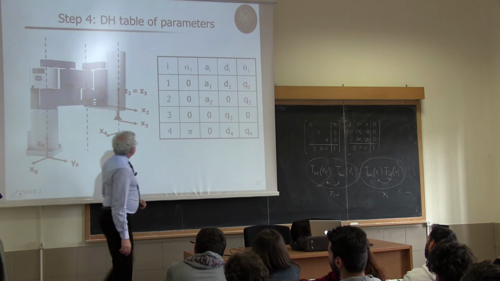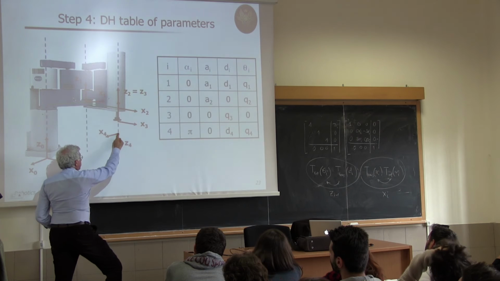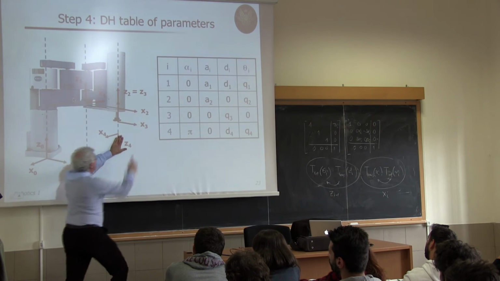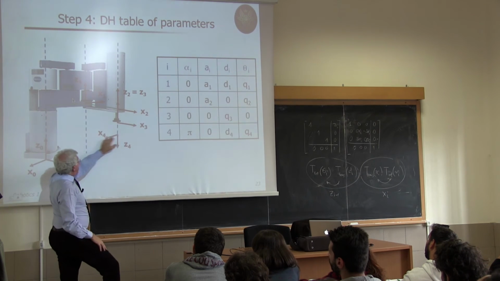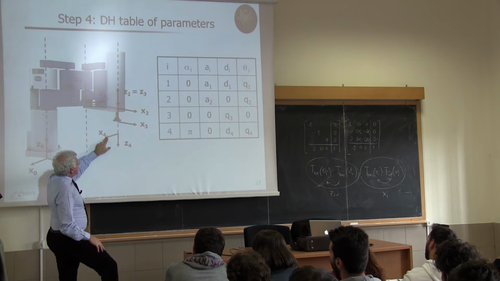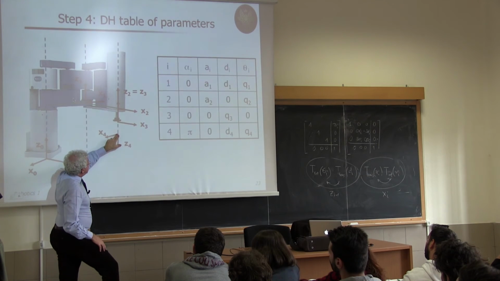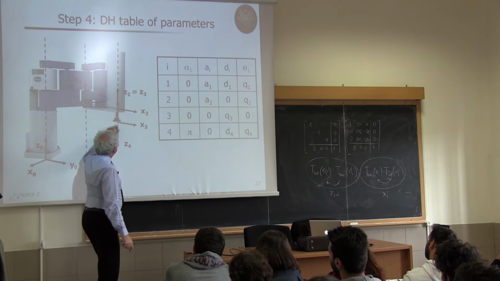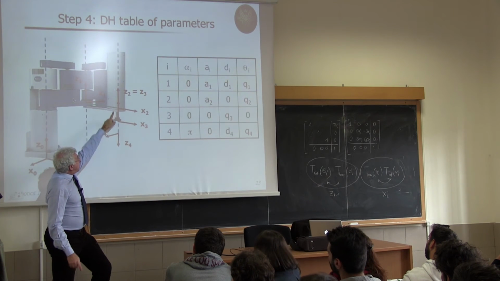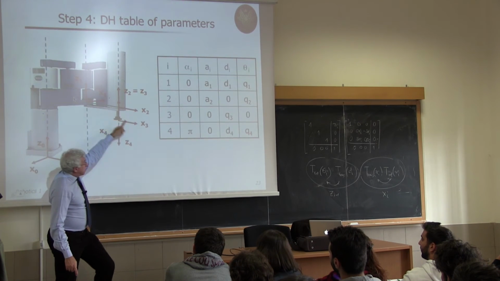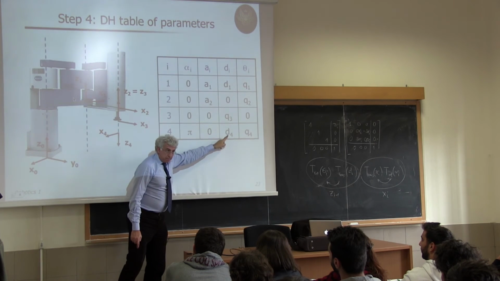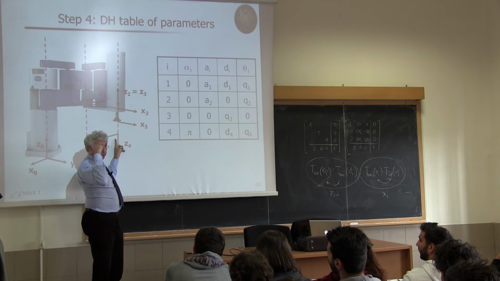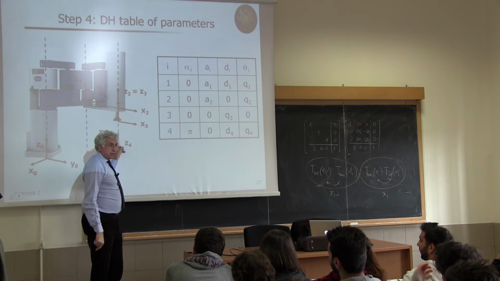And finally, for going from this point to this point, I only need to move along z3, and then along x4. Along x4, I don't need to go out. I just need to move along z3, and so I will have a d4 parameter. And since I'm moving in the opposite direction of z3, this number will be negative. Don't be confused, because you're moving around z previous and x current.